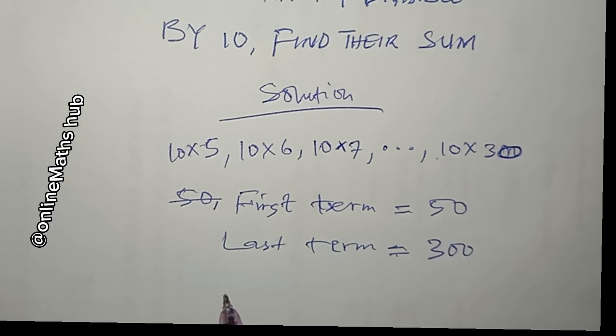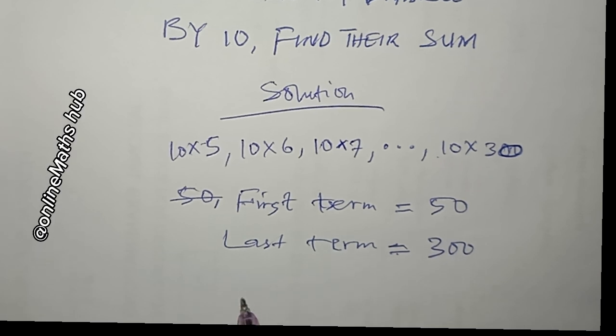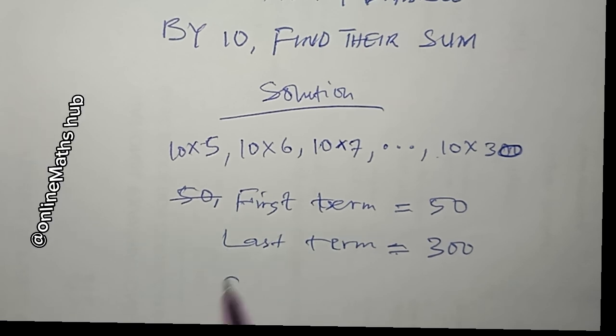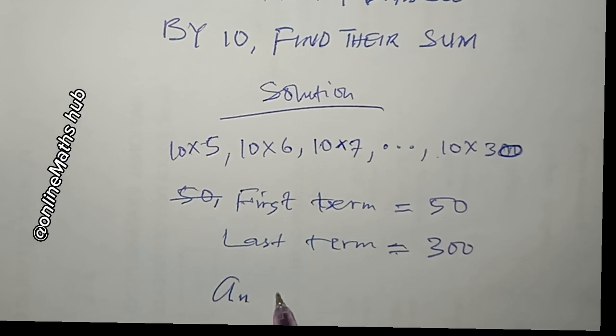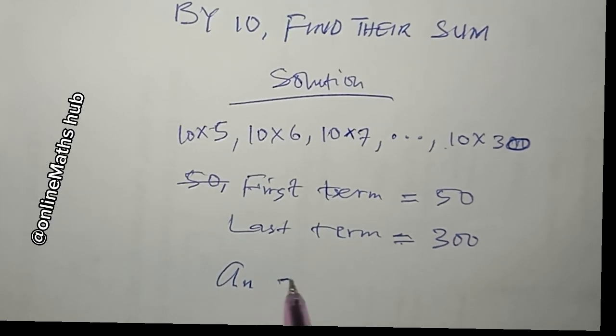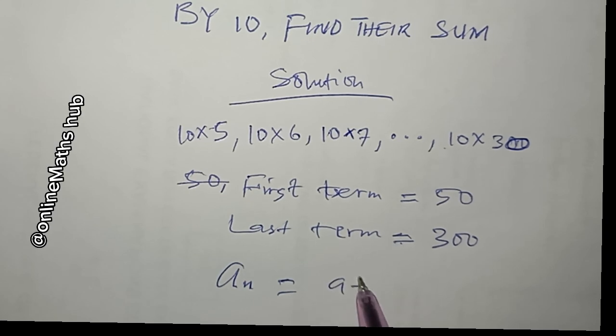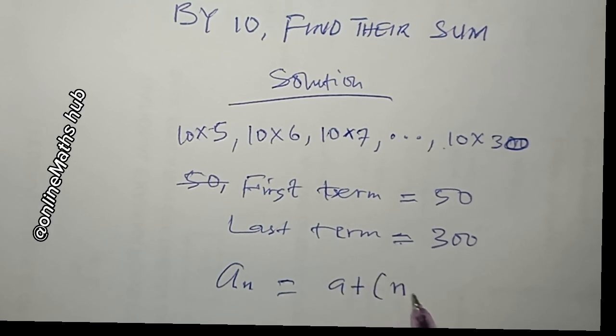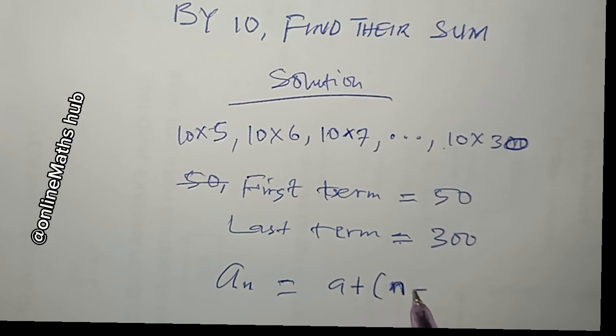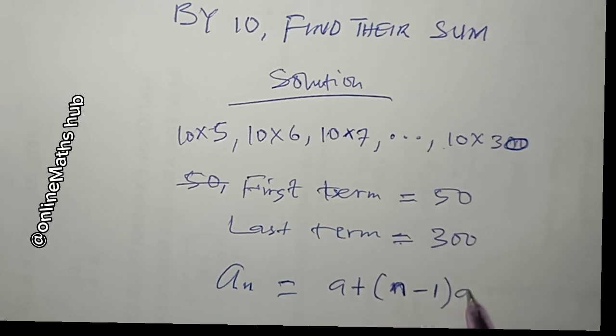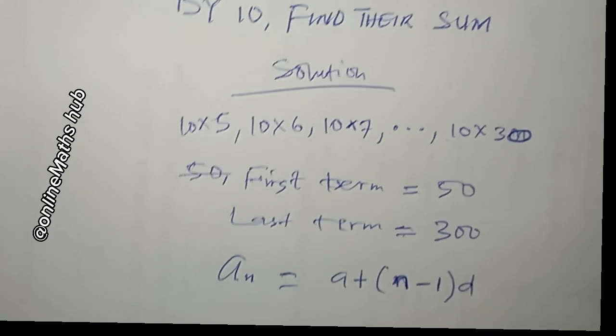And of course, if you remember, if you want to find out the number of terms in a particular sequence, the formula is actually a_n is equal to a, which is the first term, plus n, representing the number of terms, minus 1, multiplied by the common difference.